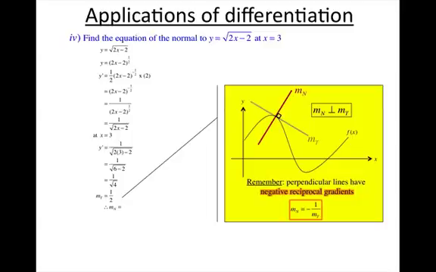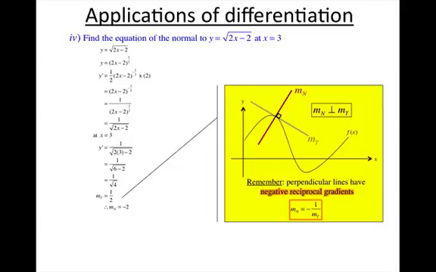If the gradient of the tangent is negative 1/4, then the gradient of the normal is 4. So that hopefully makes sense. You flip it over and give it a negative. And so if our gradient of the tangent is a half, then our gradient of the normal is going to be, you should be saying, negative 2.